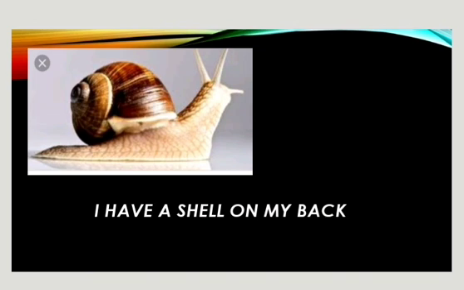Yes, what is this? As you all know, this is a snail. This is the picture of a snail. And the sentence for this particular animal will be, what? I have a shell on my back. A snail has a shell on its back.